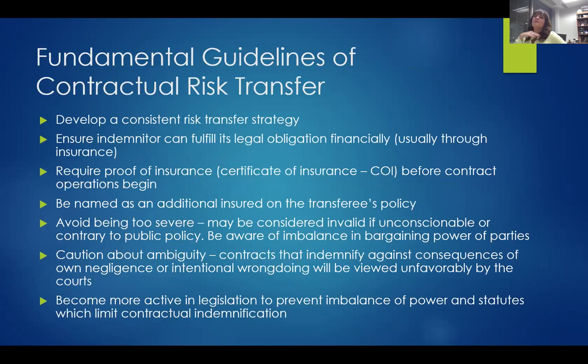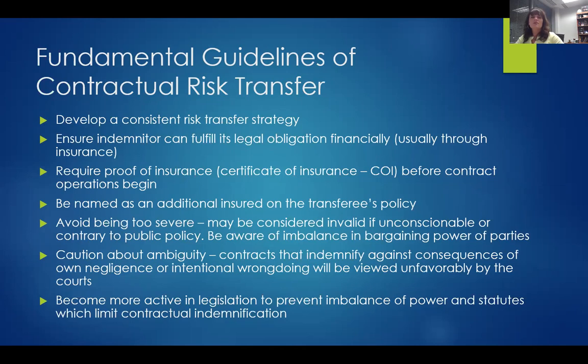So finally, what are the fundamental guidelines of contractual risk transfer? First of all, developing a consistent risk transfer strategy. If your goal is to make your contractors responsible for things that they are closely managing, and making them responsible for their own damages, those are really good transfer strategies.